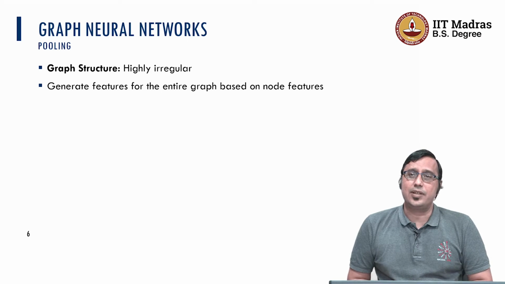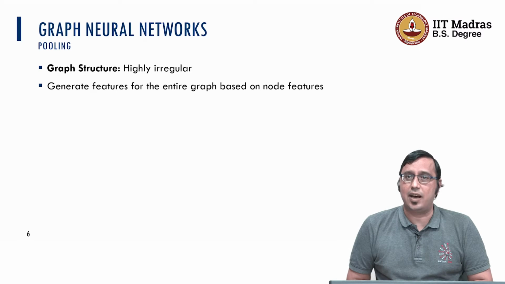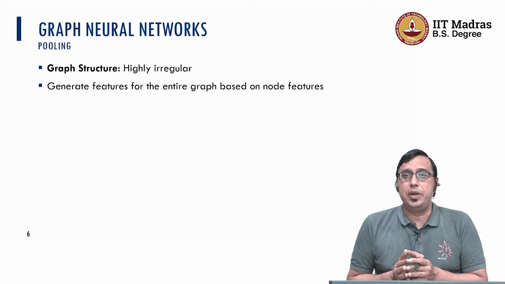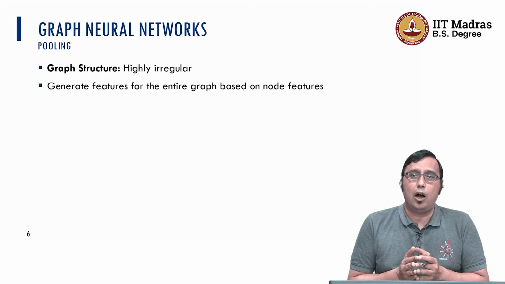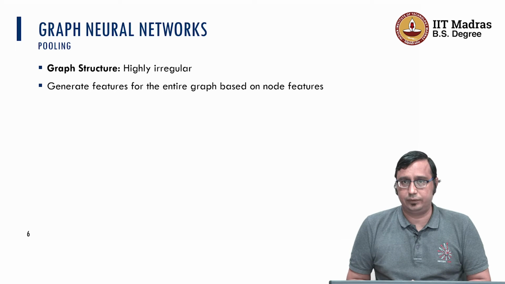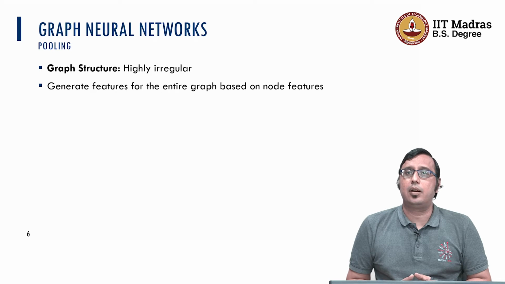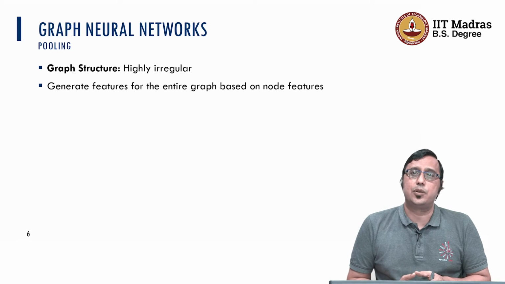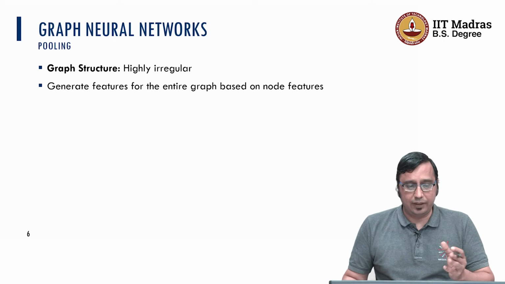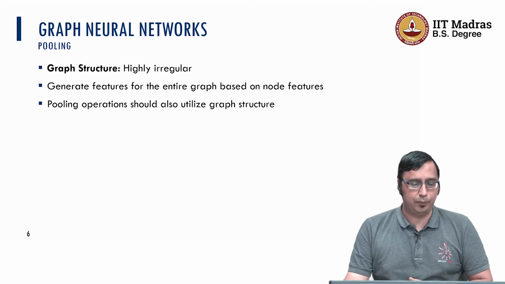Another thing we are interested in when it comes to graph focus task is to generate features for the entire graph. And here the node features are the ones which are going to be used along with the structure of the graph to create a feature for the graph. Hence we have to also develop an operation which allows us to create a feature for the graph, and this is where pooling plays an important role.